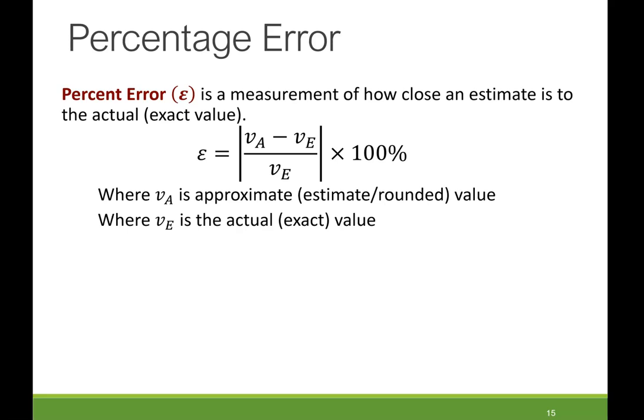So everybody used this calculation in a science class, I'm guessing, at some point. If you ignore the absolute value and you get a negative percentage, what does that mean? It means that your measurement was an underestimate of the actual value.